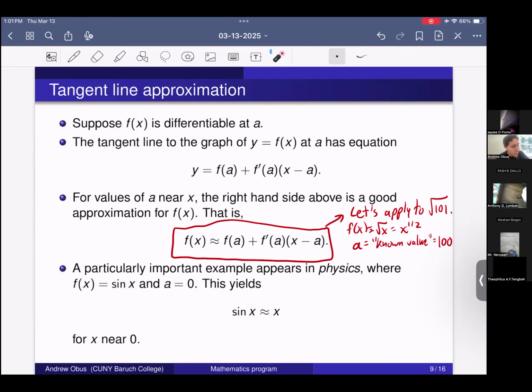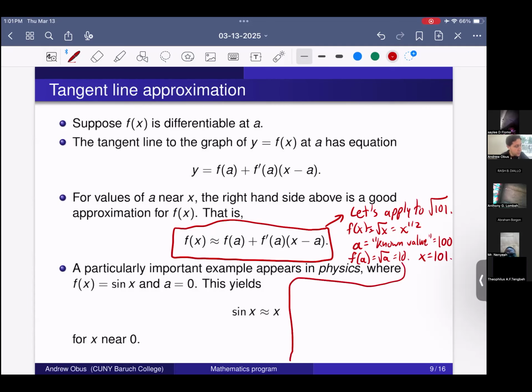It's a value that we can punch into the function and we know what the answer is. So we know 100 to the 1/2 is equal to 10. So in this case, f of a is going to be the square root of a, which is 10. And then we want to know what's going to happen at 101. So x is going to be 101 here.